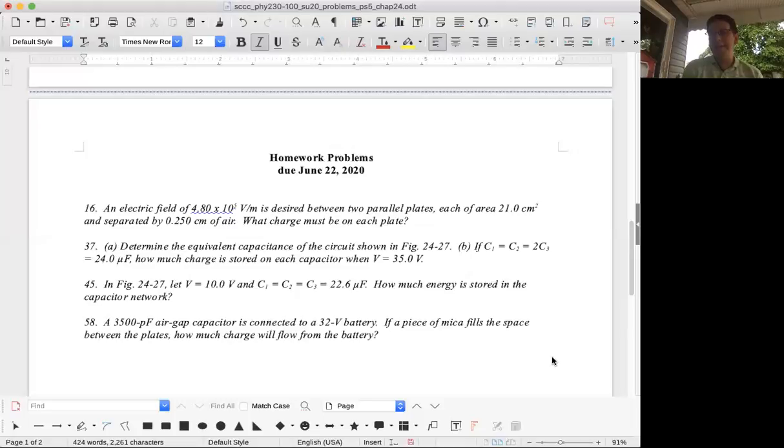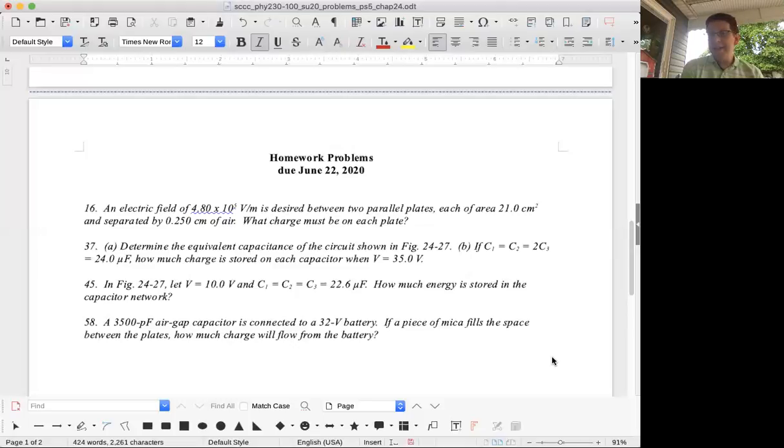And then what happens is you put a piece of mica between the conducting plates in the capacitor. And that is going to increase the capacitance, which increases the amount of charge it can hold for a given voltage. So you want to figure out how much charge is added when you put the piece of mica in.